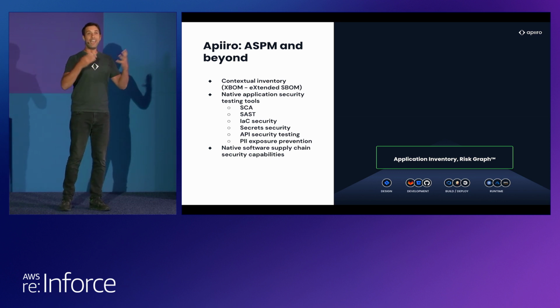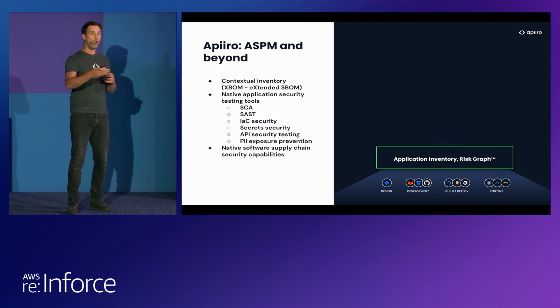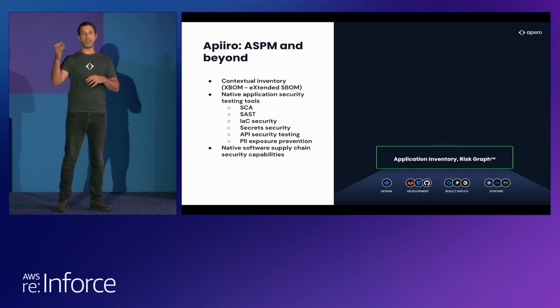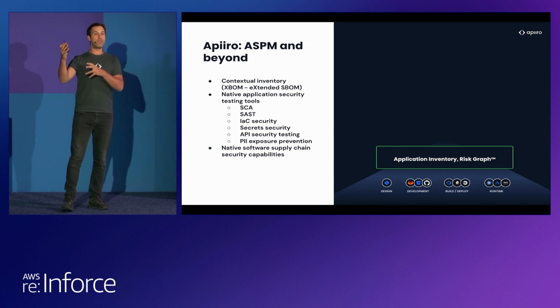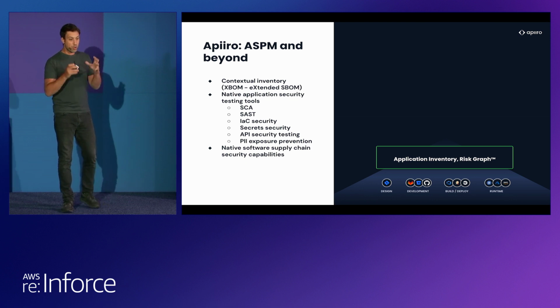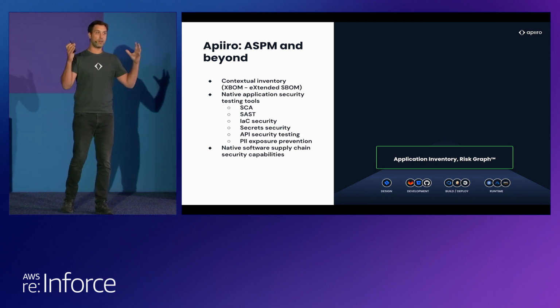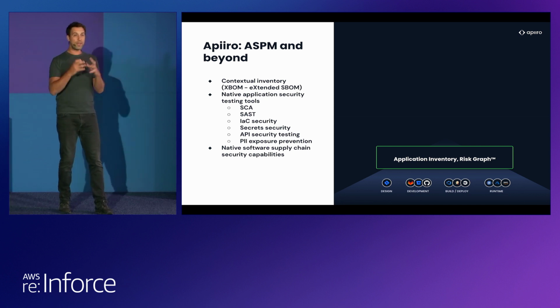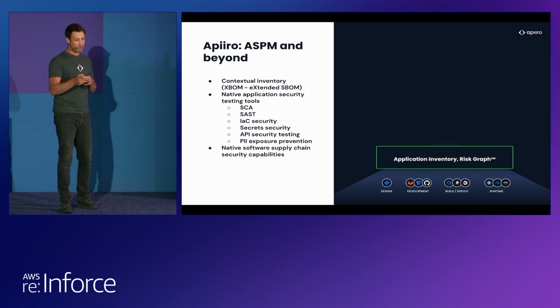So you can ask any question like, show me all the APIs in my code in Java version 19 that expose sensitive data in a high business impact application. So this is the first layer that we've built. We called it the risk graph, which augments all the data and allows you to ask questions. Hopefully I will have time to show it to you.